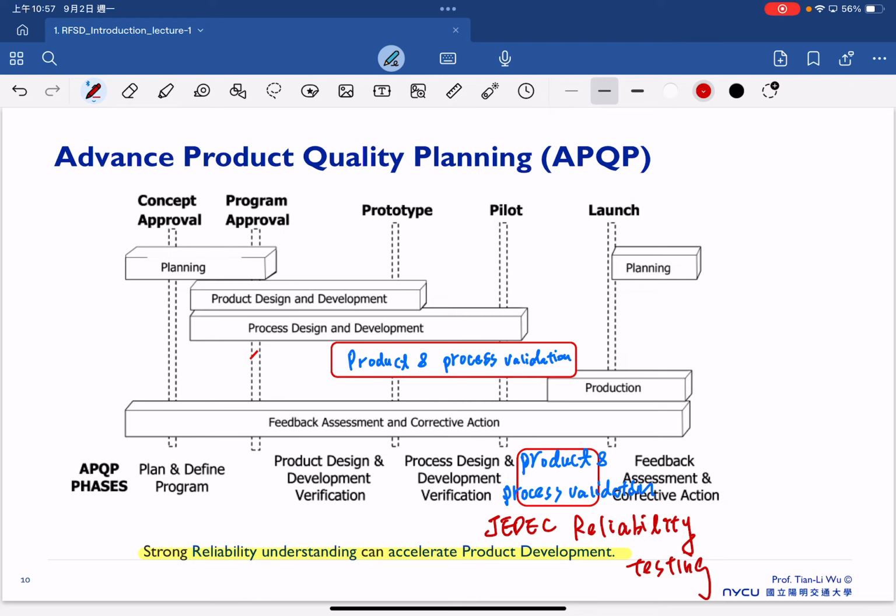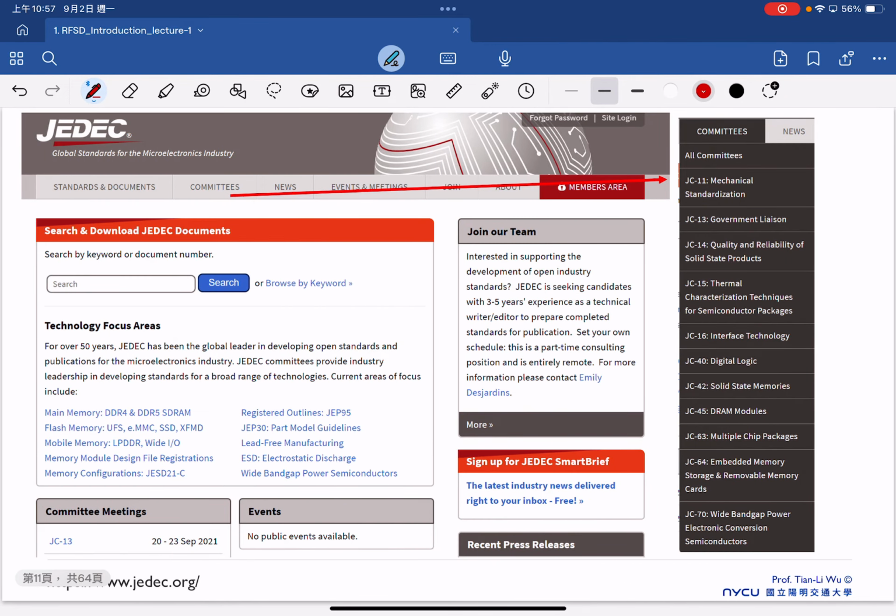If you Google JEDEC, you will find this website. It's a very old organization that has been standardizing microelectronic reliability for a long time.